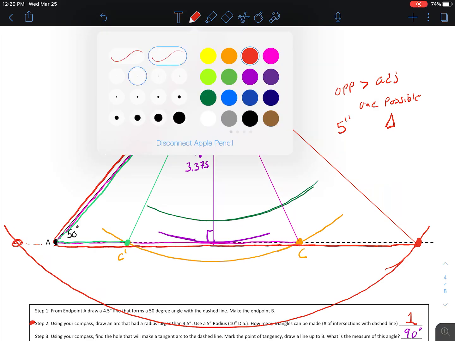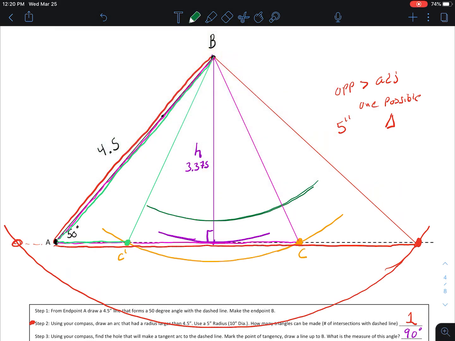If we were too small, which is the green one, the opposite side was less than the minimum length required, we had 0 possible triangles that could be formed.